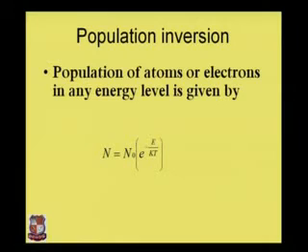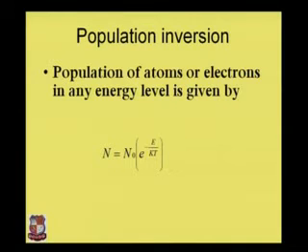The normal population of the electrons in any energy level is given by this equation: N = N0 e^(-E/kT), where N0 is the number of electrons in the ground state, E is the energy level, k is the Boltzmann constant, and T is the absolute temperature.